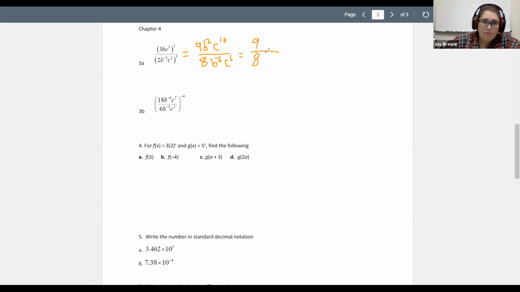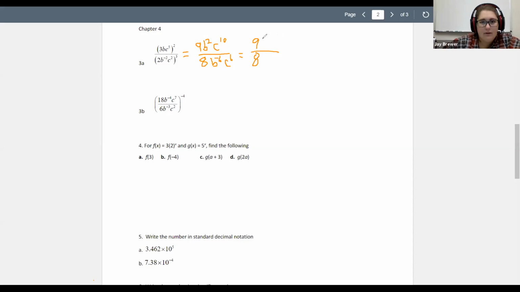When you move your b to the 6 up, what happens to b squared and b to the 6? What do they become? What do you guys think? It would just become b8, right?